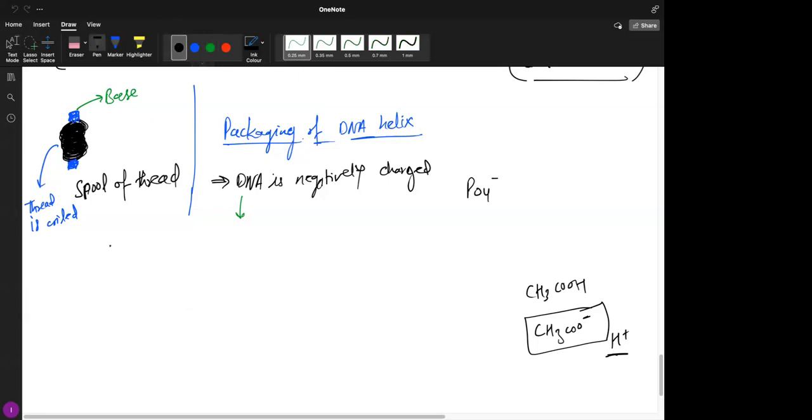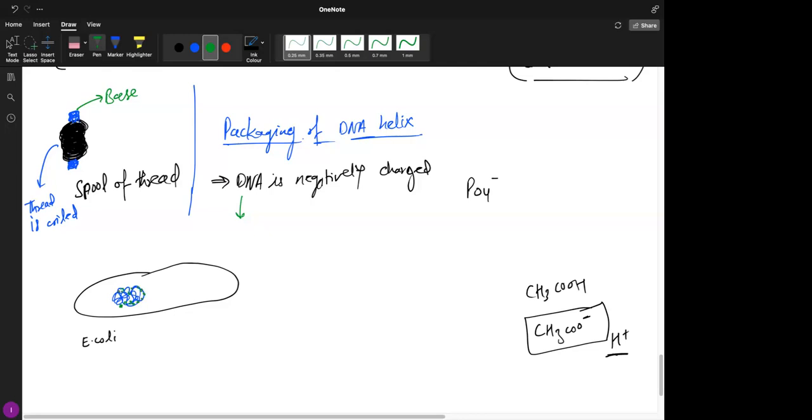So if I draw a bacteria, let's say this is an E. coli bacteria. And inside, this is the DNA thread, but the DNA will stay located in this region, because in this region there will be many proteins.